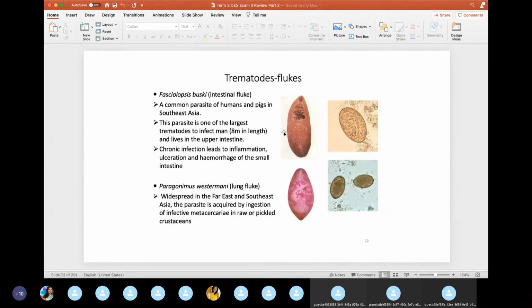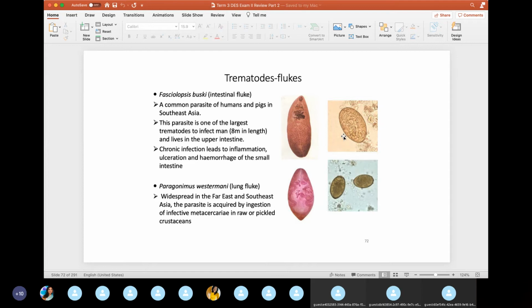Fasciolopsis buski. Look at the image again. Imaging, imaging, imaging. Look at the image on the right side. The adult form and the egg form, right? So this is most common in what? Humans and pigs in Southeast Asia. One of the largest trematodes to infect man. High yield, it causes inflammation and hemorrhage of your small intestine.